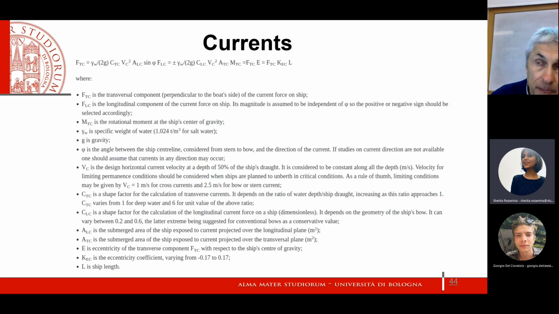But if you make a simple comparison with the energy conveyed by wind forcing, for which you have an estimate of the pressure, and you estimate the pressure here with a current velocity of 1.5 meters per second, you understand that the comparison is unfair. It turns out to be not very significant.